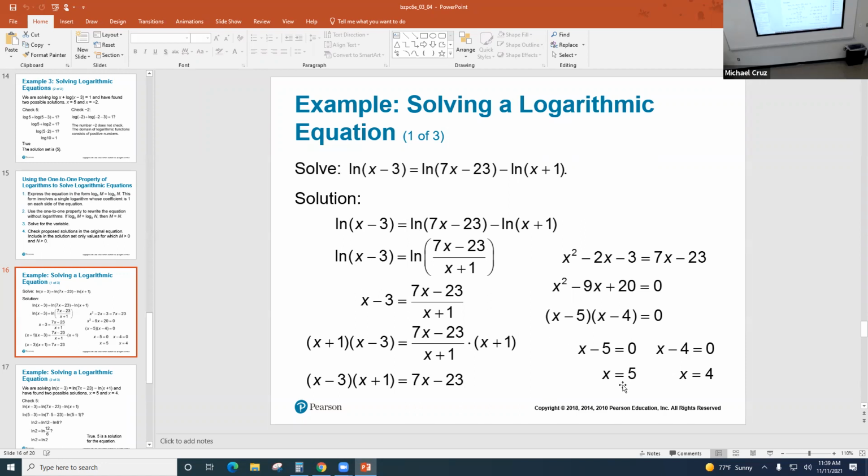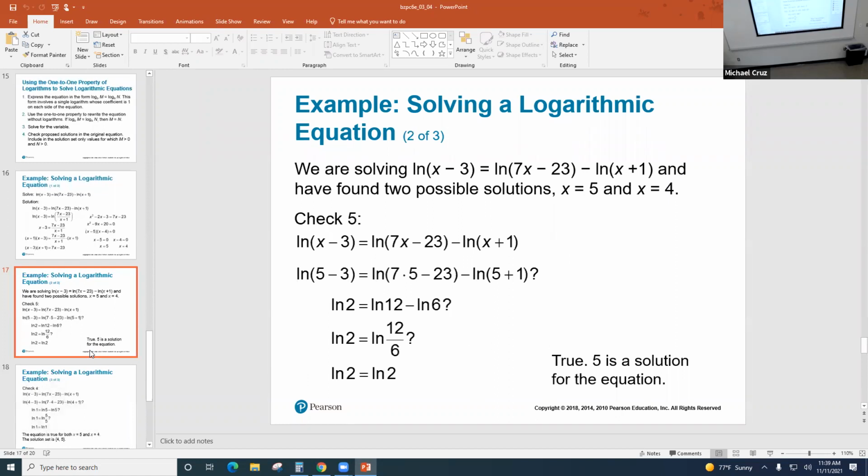And so the solutions are x is equal to 5 and x is equal to 4, but we need to check them. 5 doesn't create any issues because it's larger than 3, so when we subtract, we get ln 2, and over here we get a positive value for the logarithm input on both of those. When you simplify it down, they're both equal.